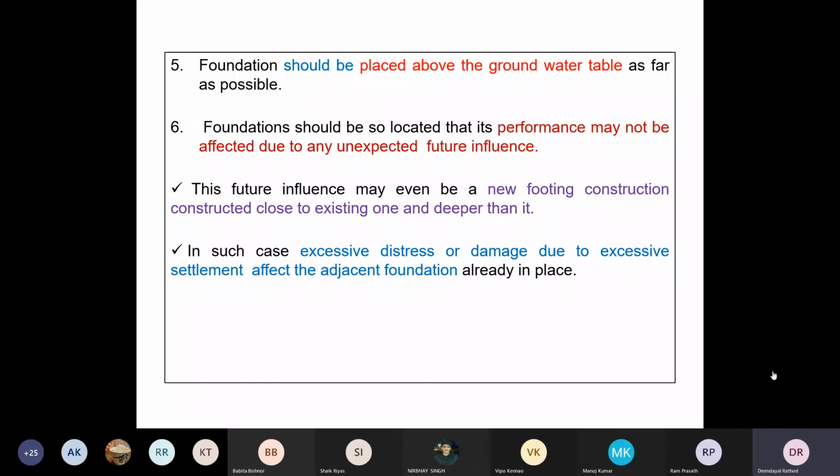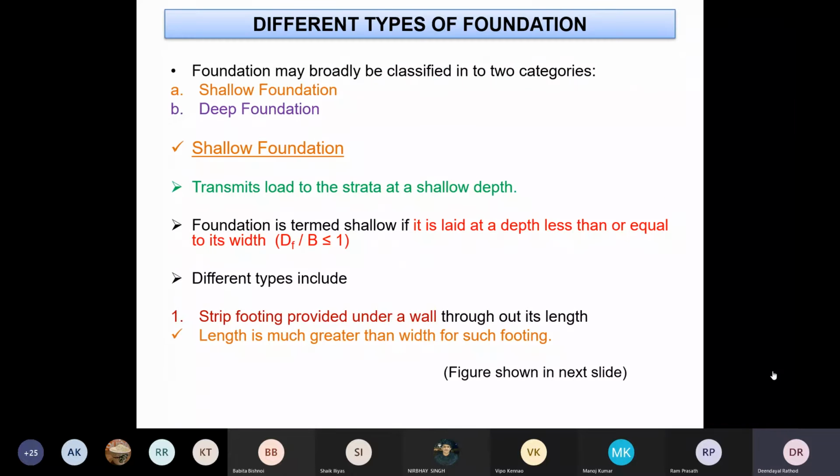So always we should see that either we go for a raft foundation so that it won't affect the neighboring buildings. You can observe in your locality that wherever new construction takes place, there are more chances of cracks in the existing building.